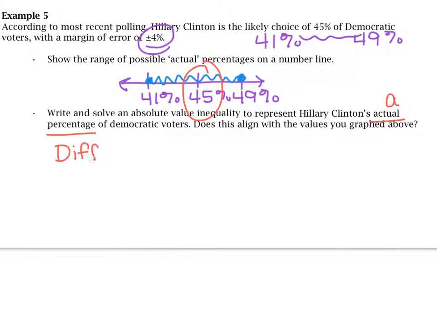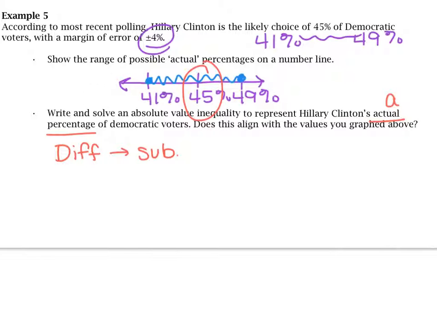Difference in math means subtract. It actually doesn't matter which order you subtract here, but if I take my actual number of voters and subtract that 45% and find the difference between actual and predicted, it should be within a range of 4 in either direction, meaning it could be up to positive 4 or negative 4.